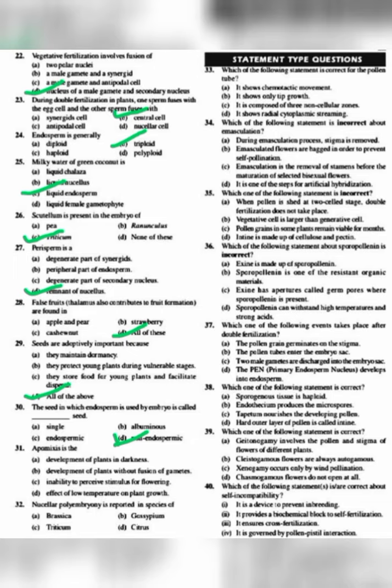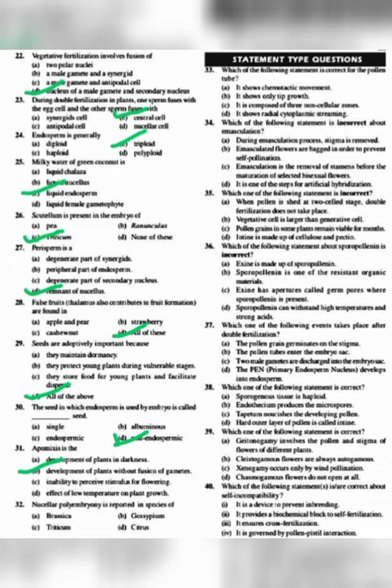In some species, the nucellar cells surrounding the embryo sac start dividing, protrude into the embryo sac and develop into embryos. Some apomictic plants are citrus, Asteraceae, grasses, Parthenium, etc. So, what is coming in 31? It is B.